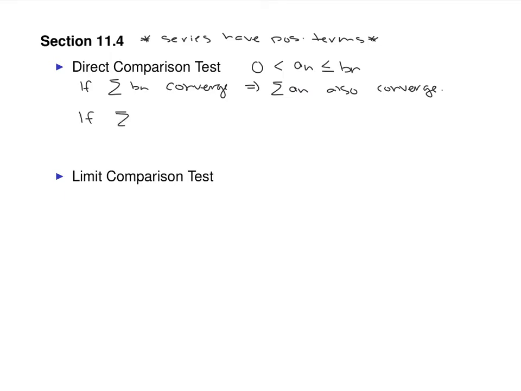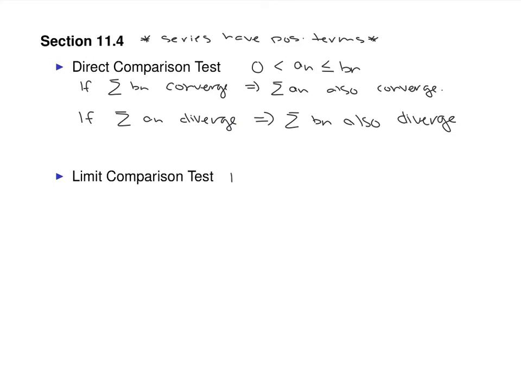Similarly, if your smaller series, the a_n's, diverges, that implies that the sum of your b_n's also diverges. To apply this test, you must find something to compare to, and your inequality symbol must go the correct direction. If you can't establish that, you can't use it.